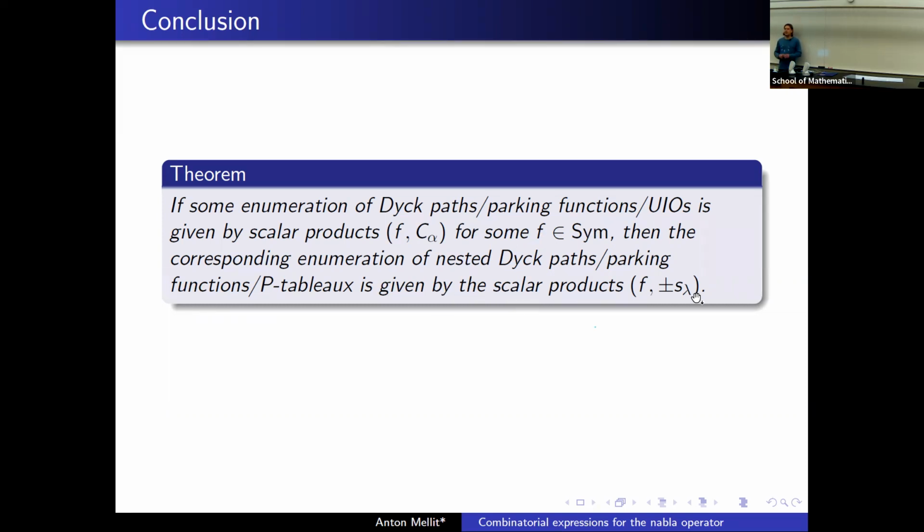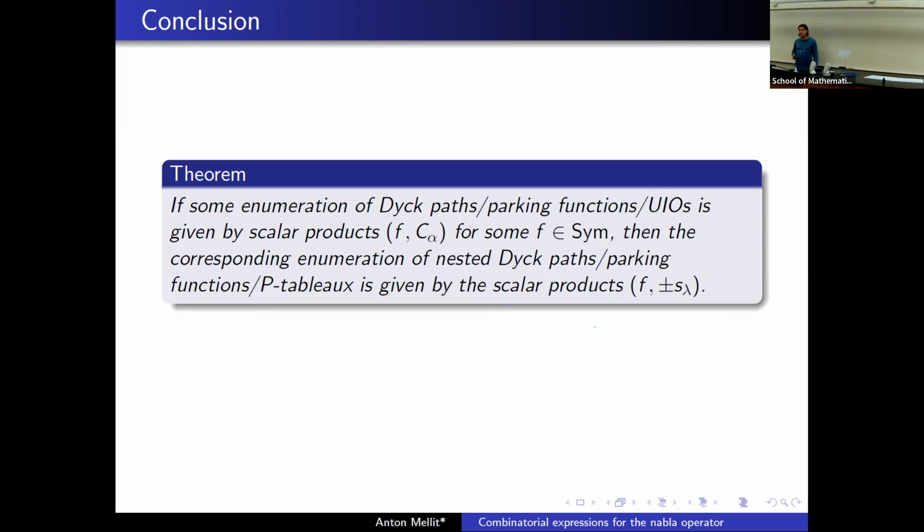So again, maybe for you it will be easy to count one case, for instance, f with c alphas. Then the theorem will tell you that the Schur functions are given in this way, in another counting. So that's the conclusion we obtained by studying these P-tableaux.